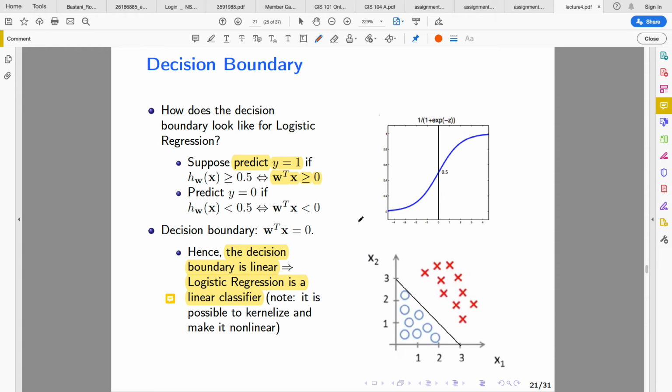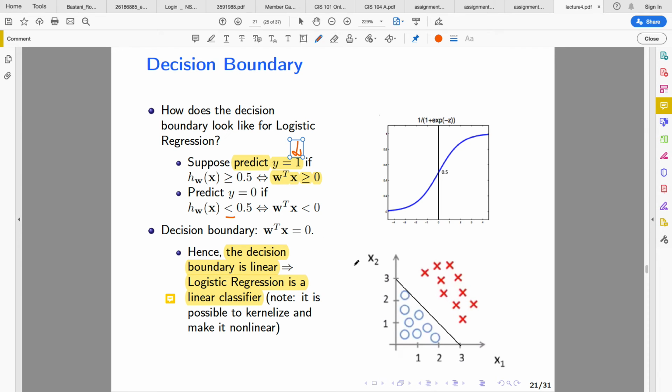Like we have said, we decide what our decision boundary is going to be. We can decide that if the predicted value is greater than or equal to 0.5, then we say y is 1, and otherwise we say y equals 0.